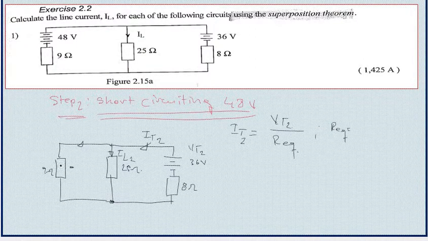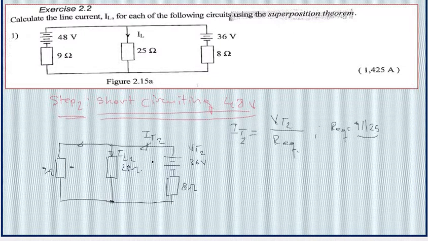So realize that these two resistors are in parallel. So the whole branch here is connected in series with that resistor. So as these two resistors are in parallel, the equivalent resistance of these two will be 9, which is in parallel with 25.